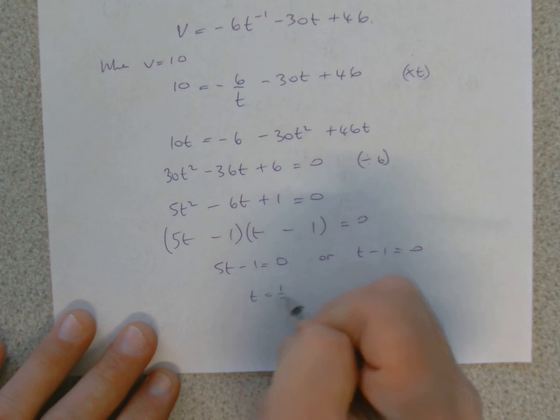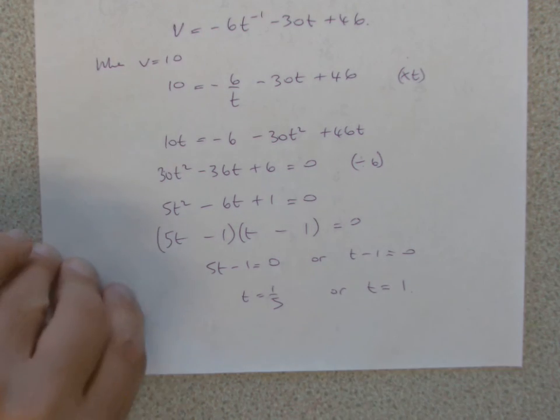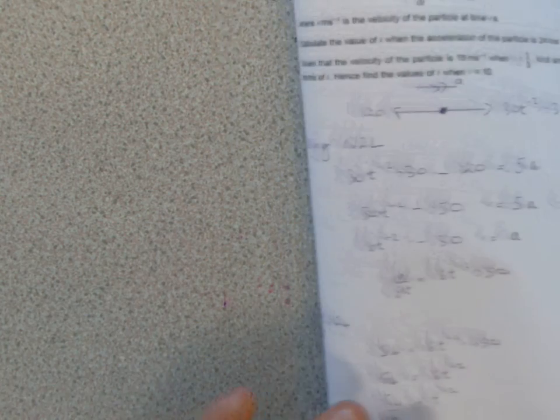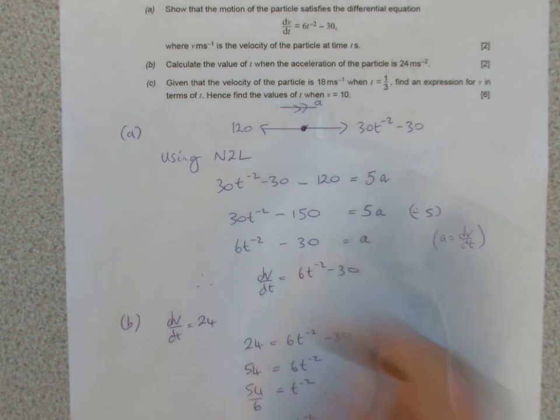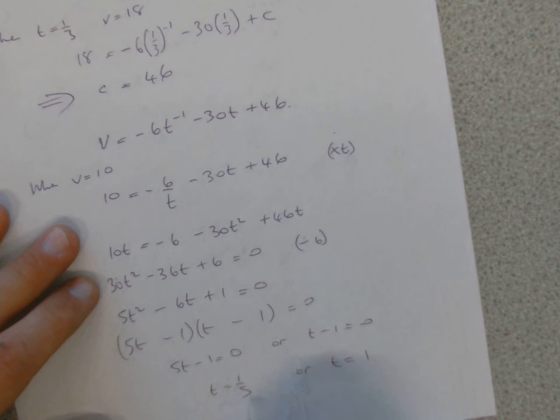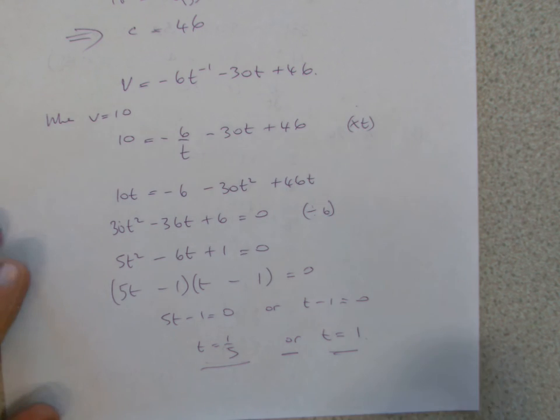So t will equal 1/5, or t will equal 1. The question does say hence find the values of t, so we've got two values, t equals 1/5 or t equals 1, and we've answered the question.